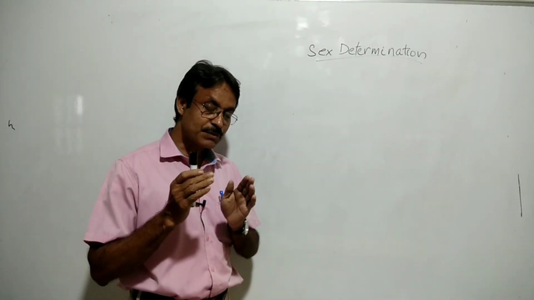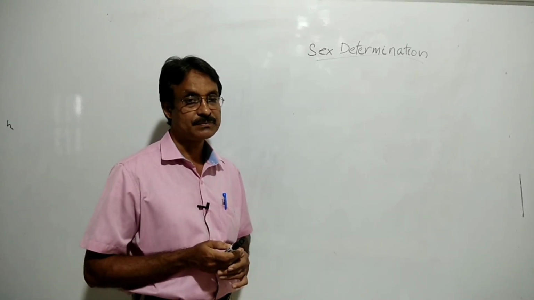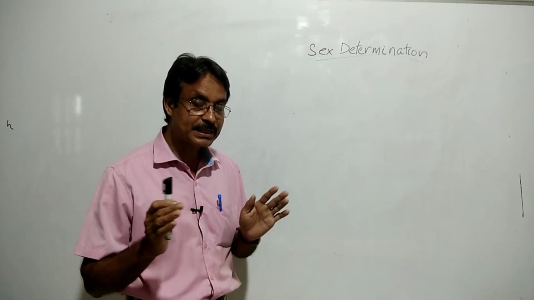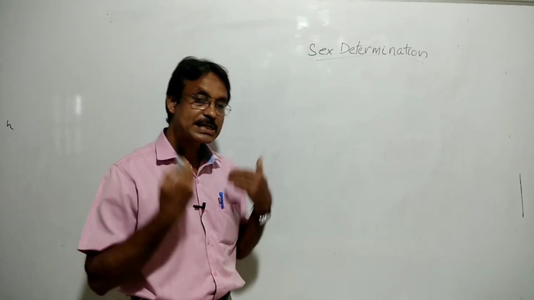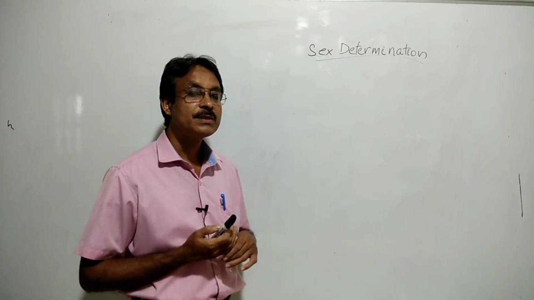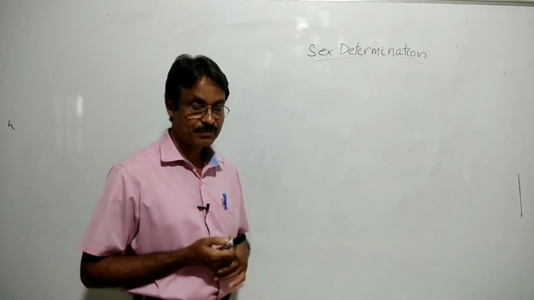The chromosomes which control the sex of an individual, the chromosomes which possess the genes for the development of sexual characters, are called sex chromosomes or allosomes.